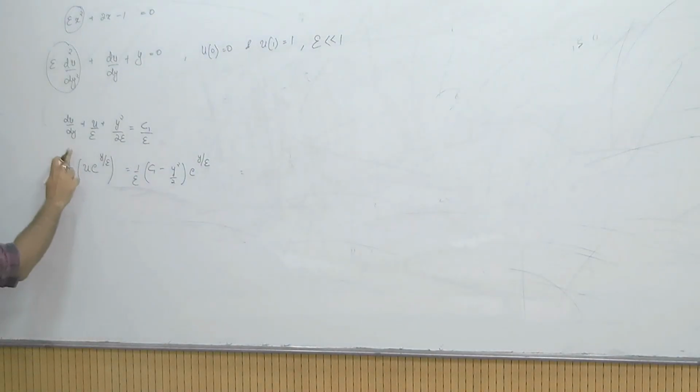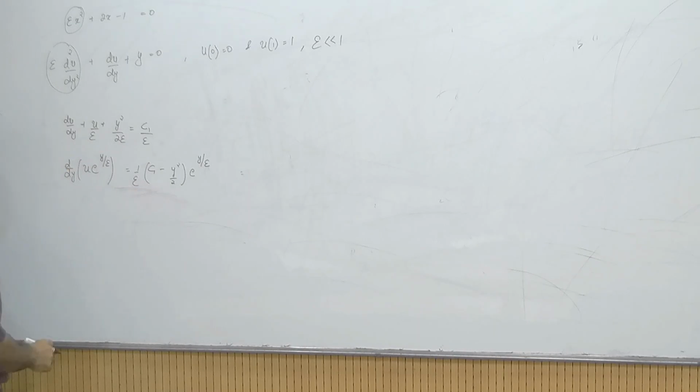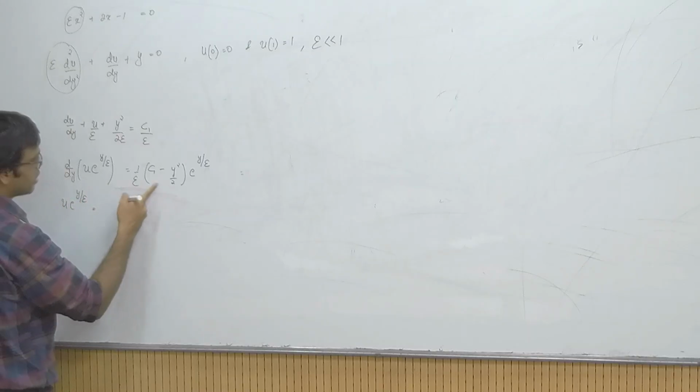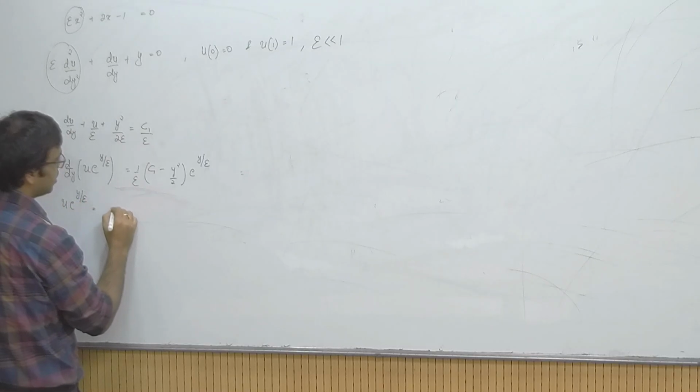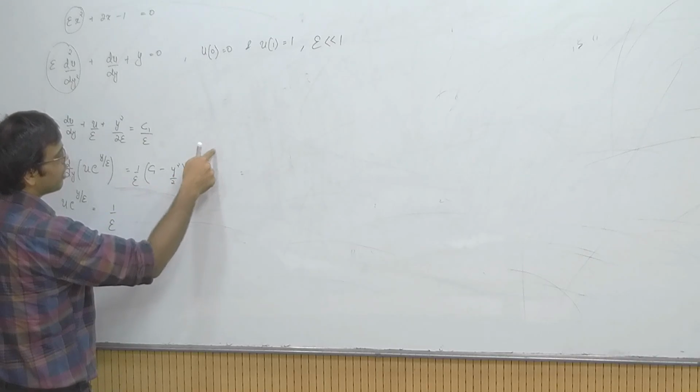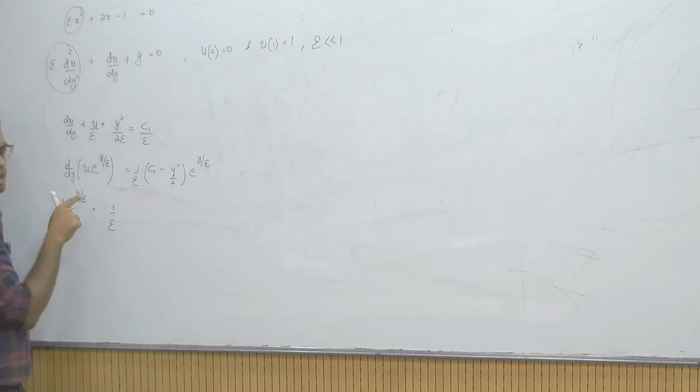Okay, you can multiply the integrating factor, complete the derivative here and get this form, and then we can integrate this equation further, and I can write this as 1 by epsilon C1 times e to the power y by epsilon integration, what would it be?